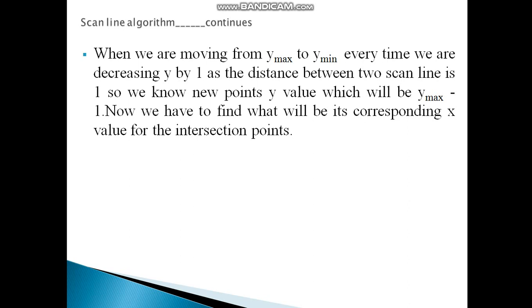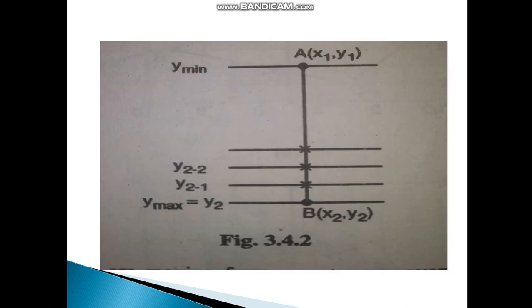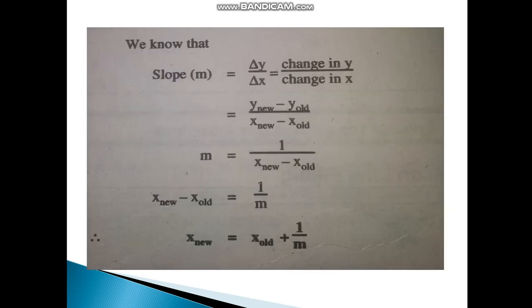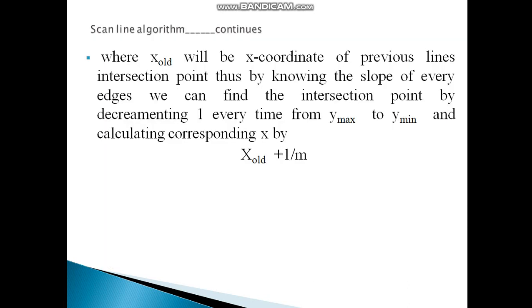Then we have to find the y max and y min value, and for scanning, to find every intersection point, when we are moving from y max to y min, the y value decreases by 1 every time, and the x coordinate is x new is equal to x old plus 1 upon m.